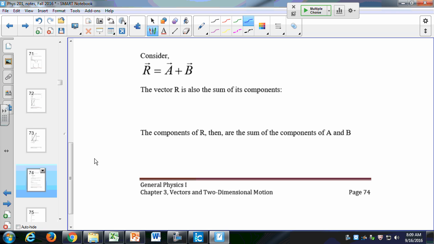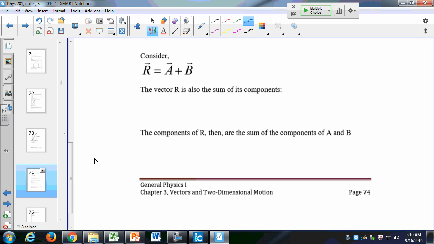We also need to recognize that R is the sum of its components. That is, R is equal to Rx plus Ry.